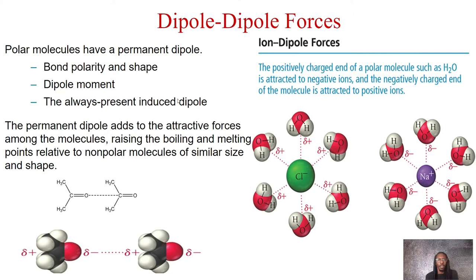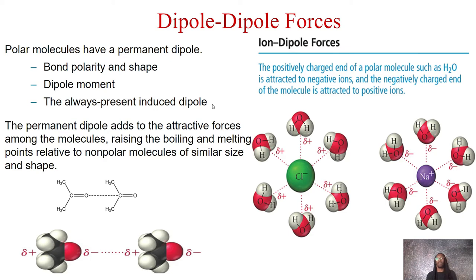Now, three points I just want to point out. When we talk about polar molecules, we know that they're going to have a dipole moment, but also the shape and bond polarity is impacting that as well. Now let's look at this last one: because they're permanent, there's always a present induced dipole.